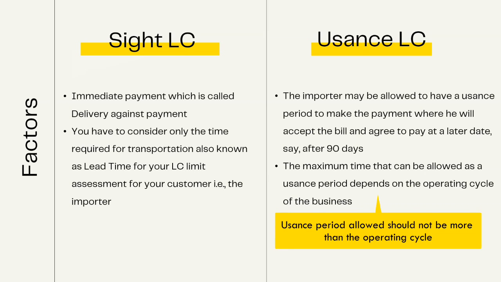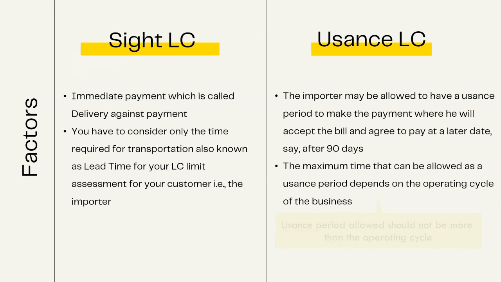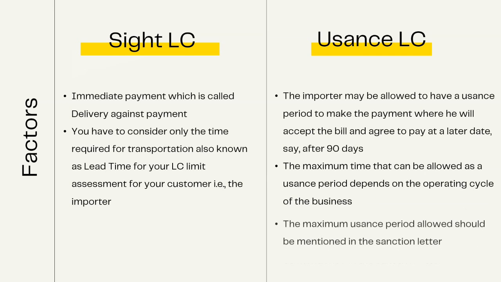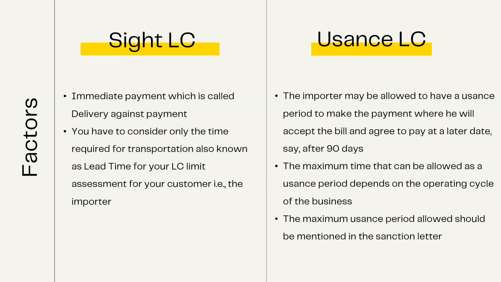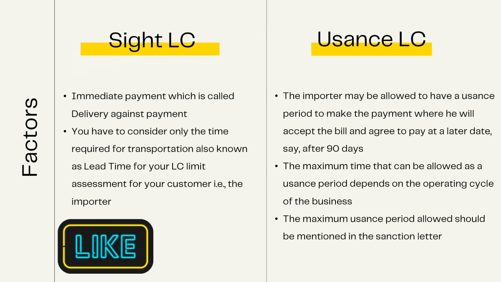If the operating cycle comes to, suppose, 90 days, the importer cannot be allowed to have a usance period of more than 90 days. The maximum usance period allowed should be mentioned in the sanction letter. The usance period is taken into consideration while calculating the LC limit. We will see the steps of the calculation soon.